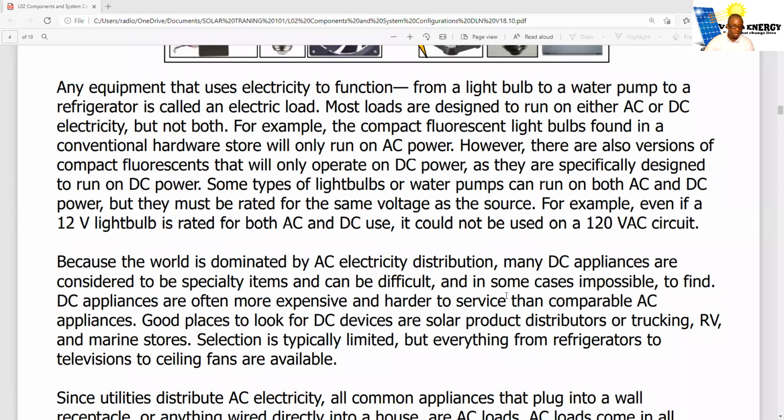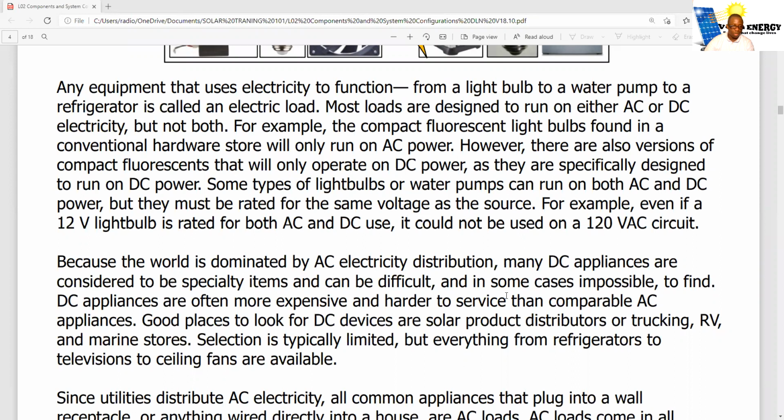You are studying renewable energy, and we're talking about PV array, so you have to understand some of these terminologies. So they say load: any equipment that uses electricity to function, from a light bulb to a water pump, a refrigerator, is called an electrical load. Most loads are designed to run on either AC or DC electricity, but not both.